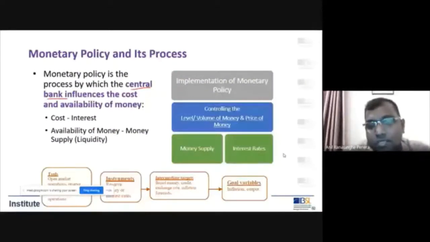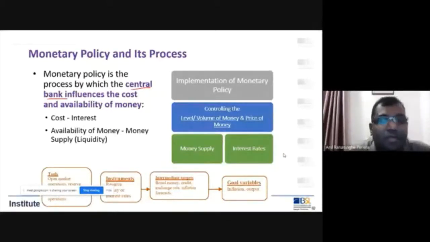Cost means the interest rate. Remember when I was talking about money, I had a slide, cost of money. Cost of money means simply the interest rate, the opportunity cost. Availability of money means simply the money supply, or you can call it liquidity.